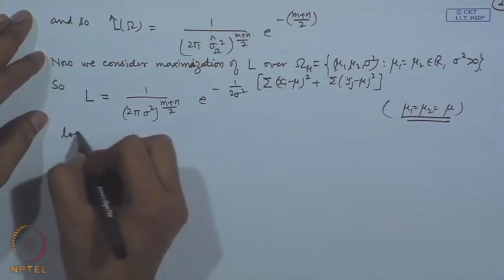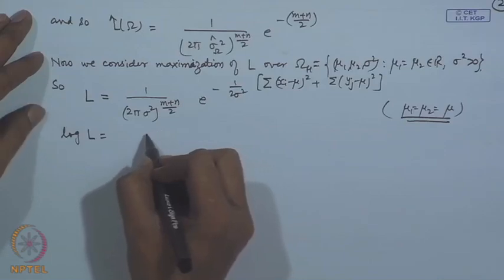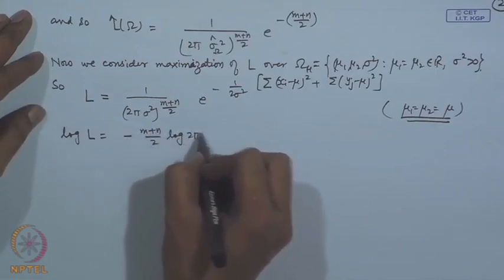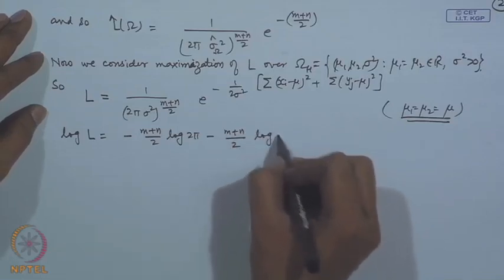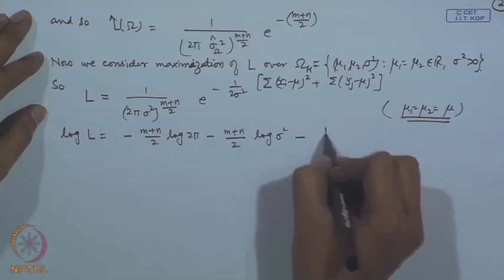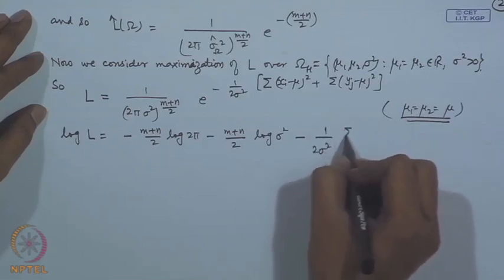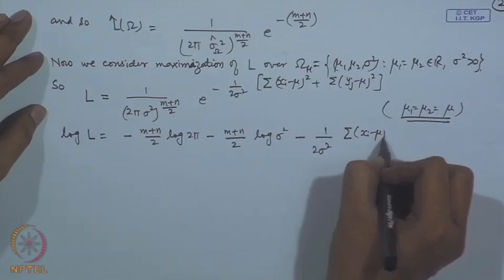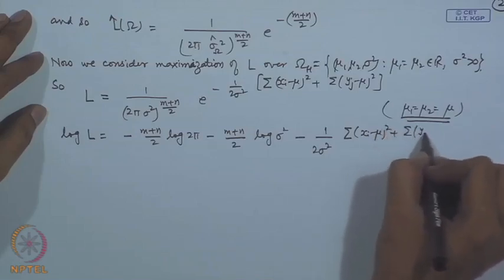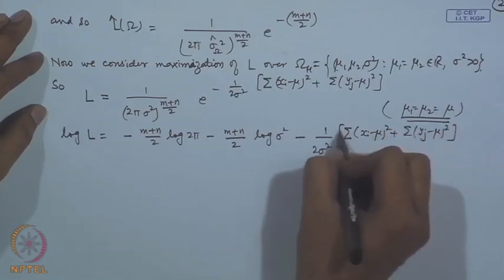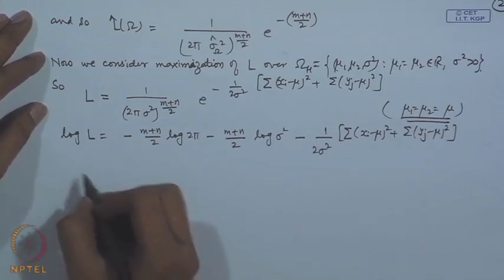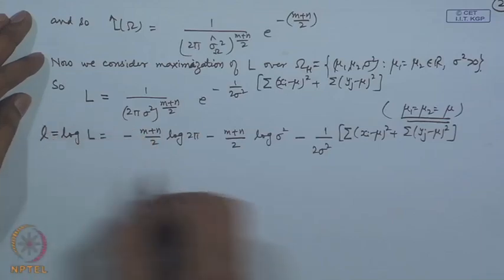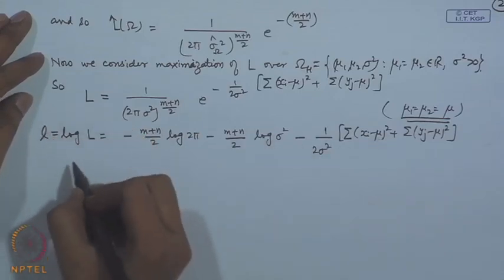So, log of L is equal to minus m plus n by 2 log of 2 pi, minus m plus n by 2 log of sigma square, minus 1 by 2 sigma square, sigma of x i minus mu whole square plus sigma of y j minus mu whole square. So, let us consider the maximization of this with respect to mu and sigma square.